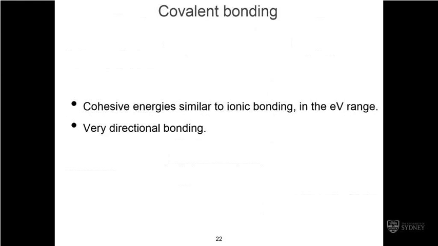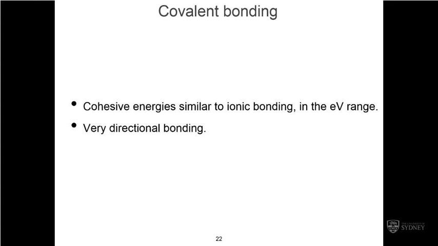Okay, so just a little bit more about covalent type bonding. The actual cohesive energy, remember, you can think of it two ways. You can think of it as the energy difference when you add up the energy of the isolated atoms and compare it to when you bring them together to make the solid. Or alternatively, you might start with the solid and work out the energy to pull all of the atoms apart.